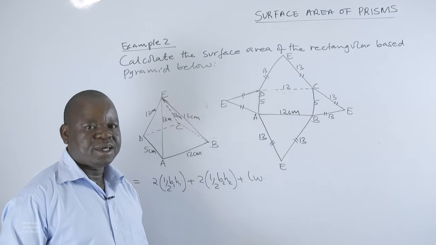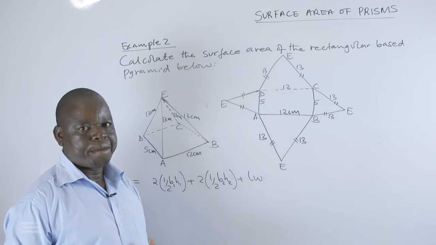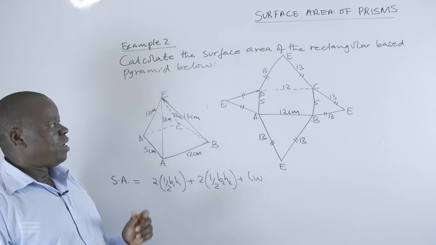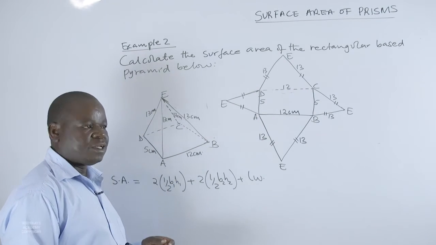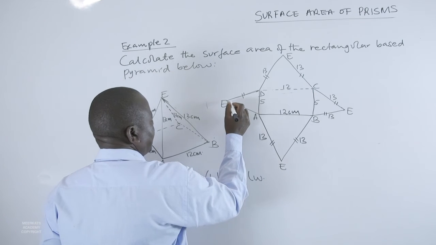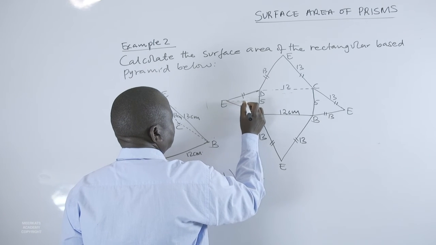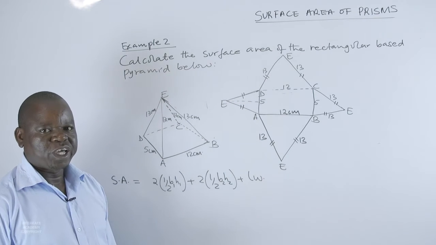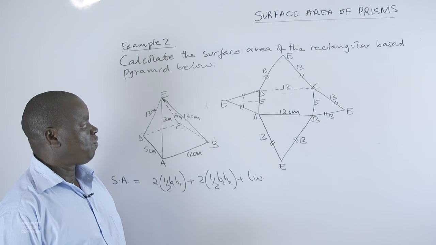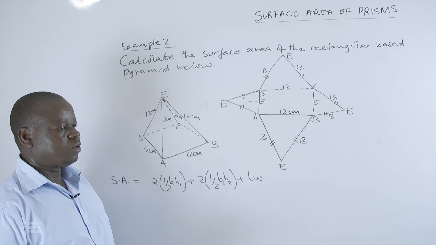LW is the area of the rectangular base. But remember, here we are not given the perpendicular heights. And therefore, still we use Pythagoras relationship to find the perpendicular heights of those triangles.